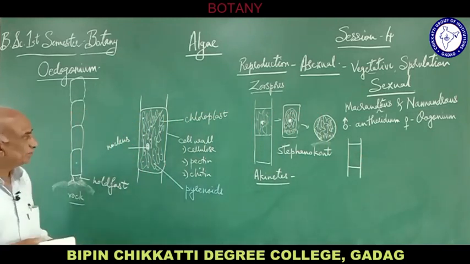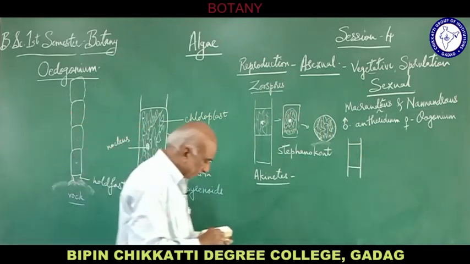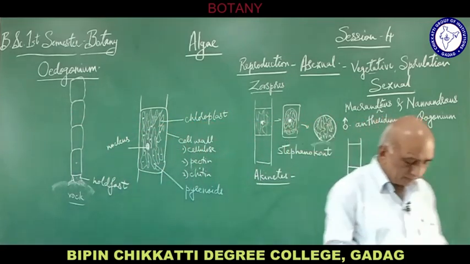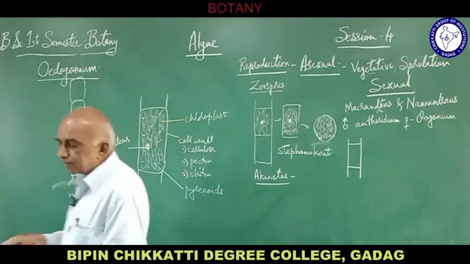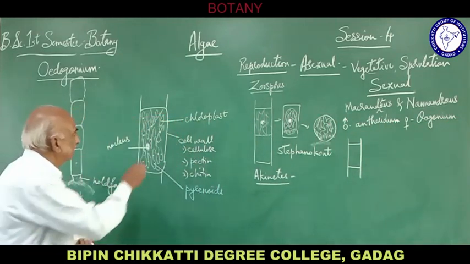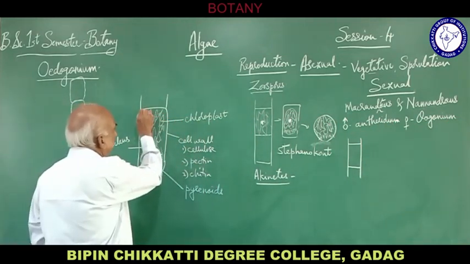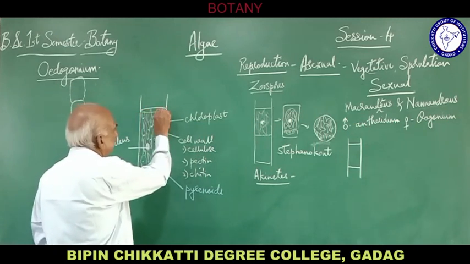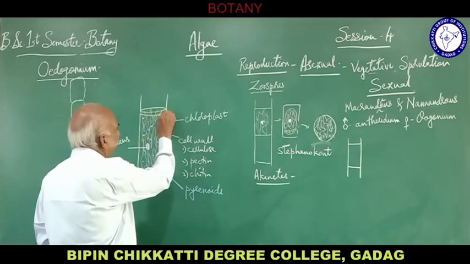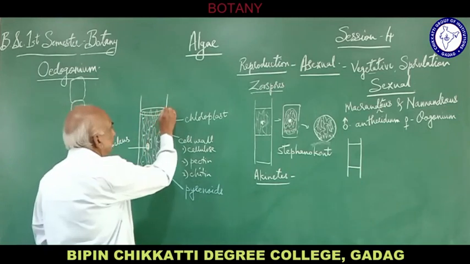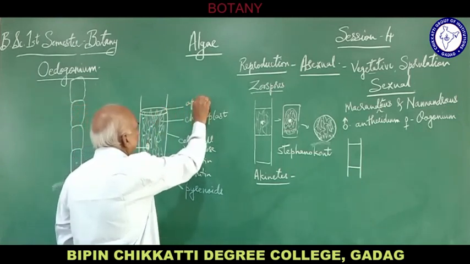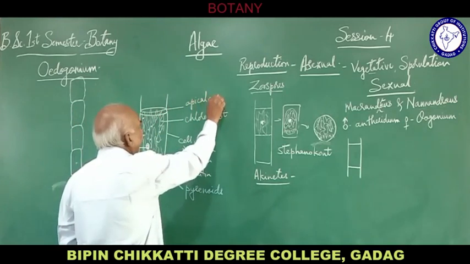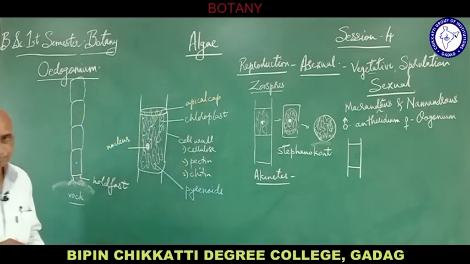Then another important thing in the structure of the cell to tell you here is, now in some cells there are some ring-like structures on the upper side of the cell. Suppose if this is a cell, this is a ring-like structure seen. So these ring-like structures which are seen, they are called as apical cap.